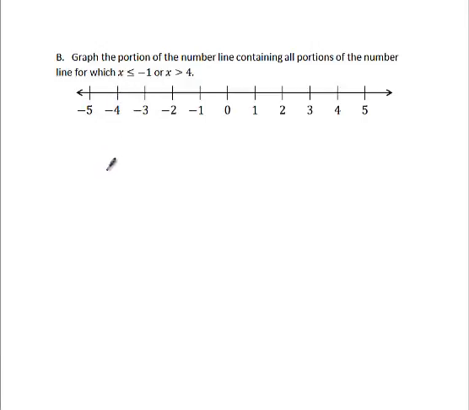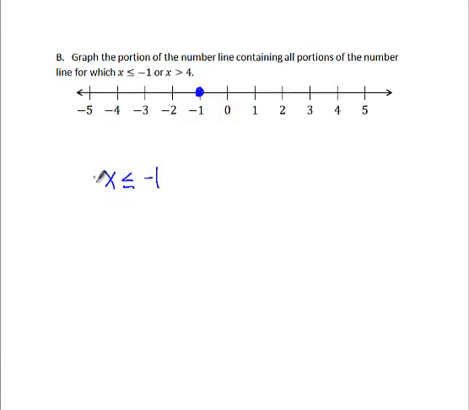Okay, so B, we have an inequality x is less than or equal to negative 1. So I locate negative 1. I put a solid dot because there's an equal to bar. And the inequality opens up towards the negative 1.